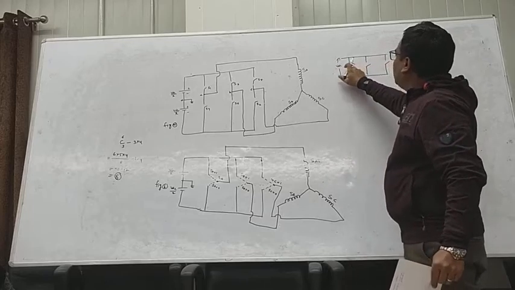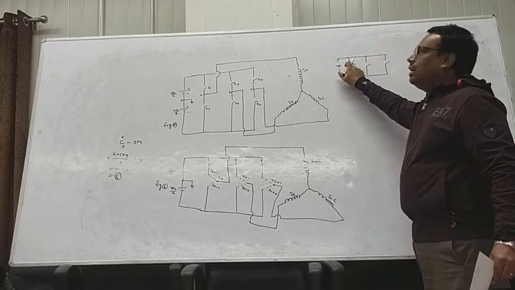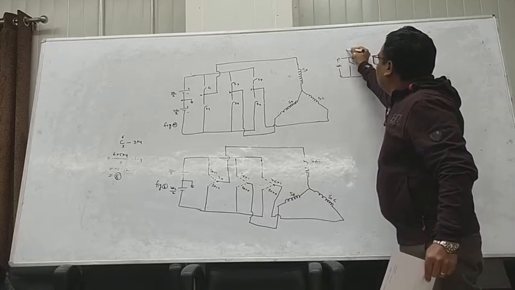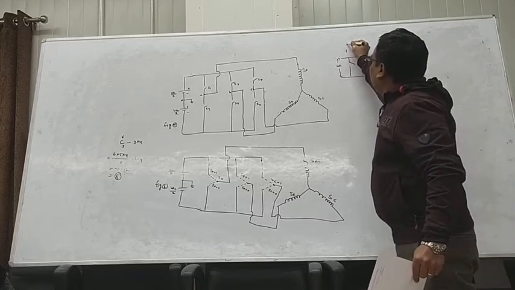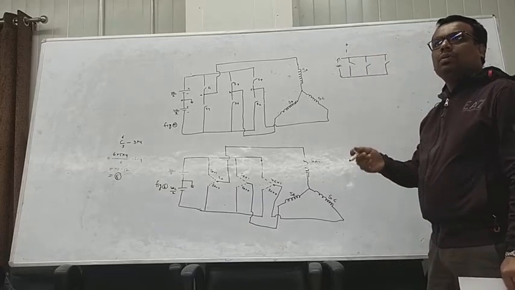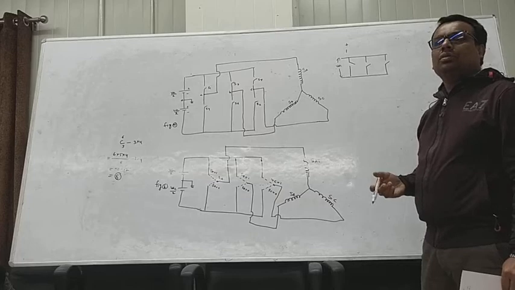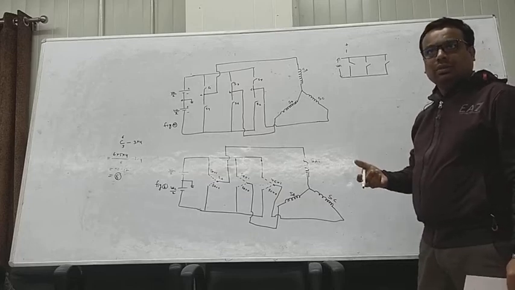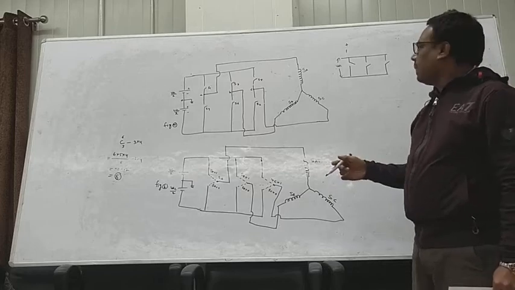S1 is connected in phase A. I represent this as either 1 or plus, as per your convenience. Some textbooks consider it as 1, and other textbooks consider it as plus.